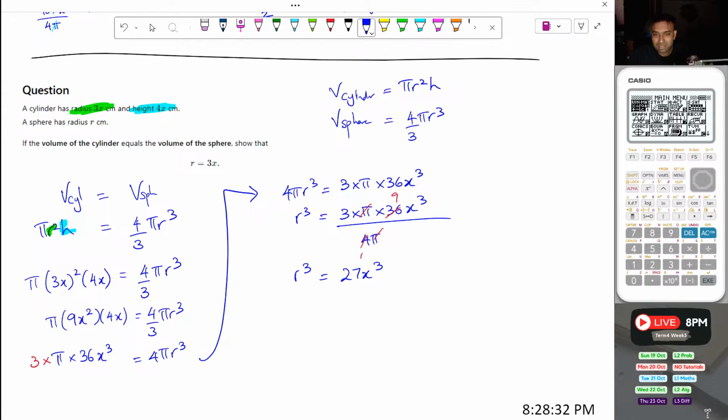Now this is where you've got to take the cube root. So r is equal to the cube root of 27 and then the cube root of x cubed. Cube root of 27 is going to be 3. Cube root of x cubed is just going to be x. The cube root of 27 you can do on the calculator.